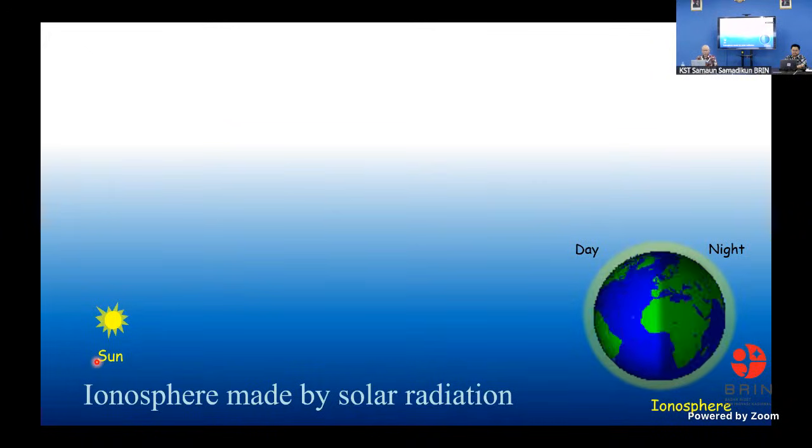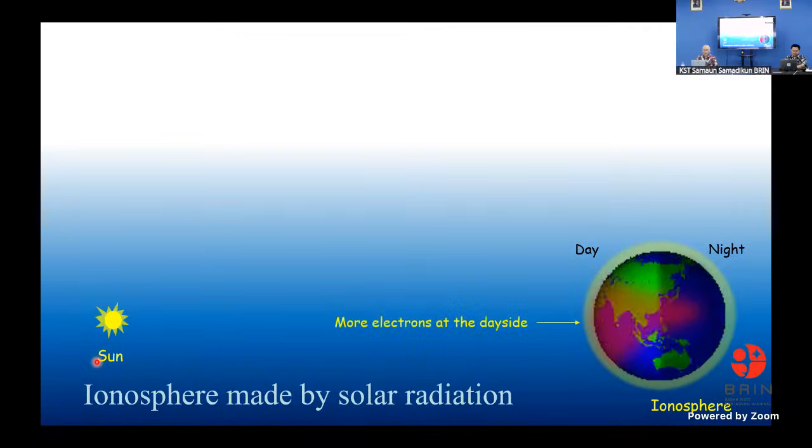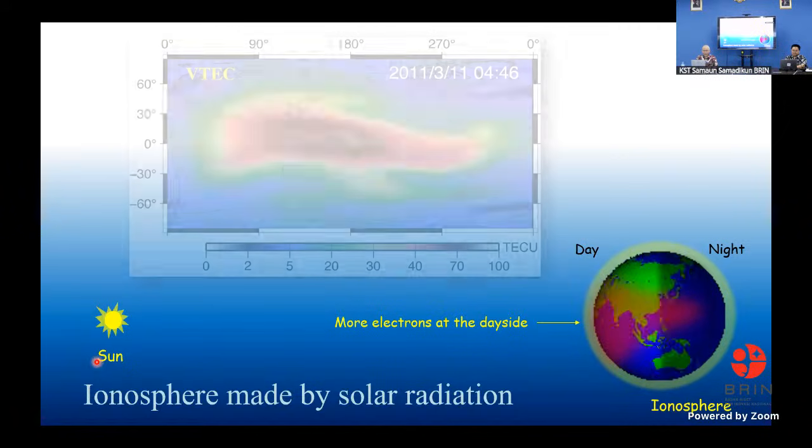As you know, the ionosphere is made by the sun, by solar radiation, so it exists mainly on the day side of the Earth. The Earth is rotating, and one cycle is 24 hours. We have more electrons on the day side and fewer electrons on the night side.